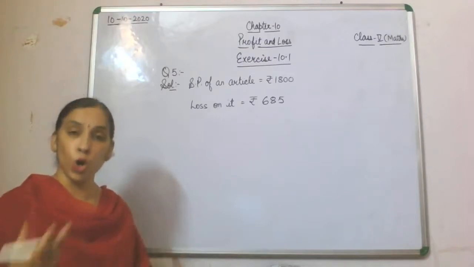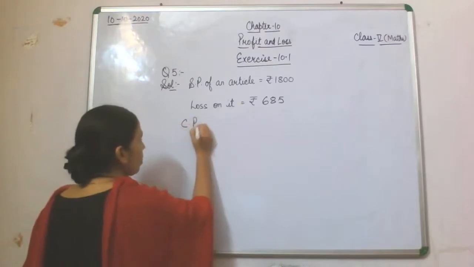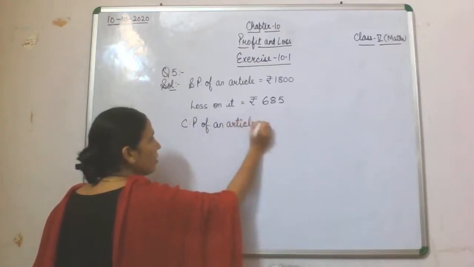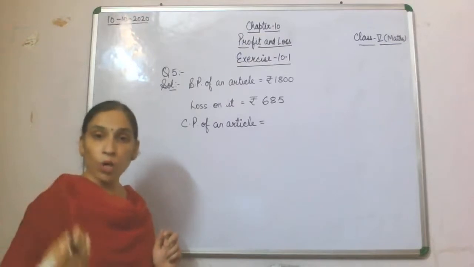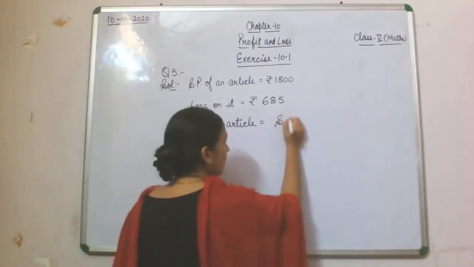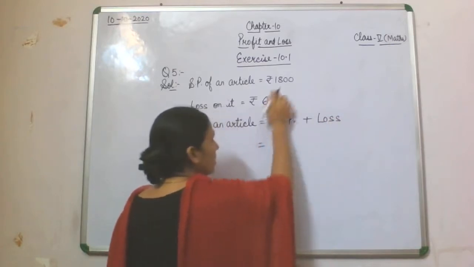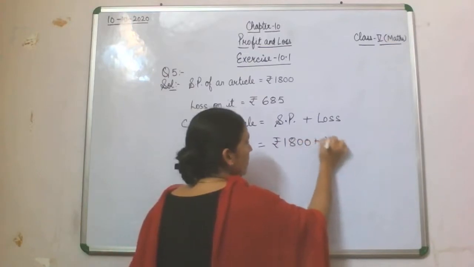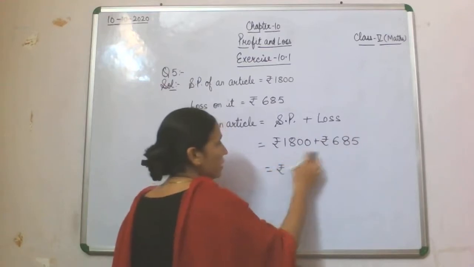It means cost price will be more. So that only you have to find out, the cost price of an article. That particular article was bought for more but sold for less. So what we will do here, the formula will be selling price plus loss. So what is the selling price? Rupees 1,800 plus rupees 685. So what is the answer here?